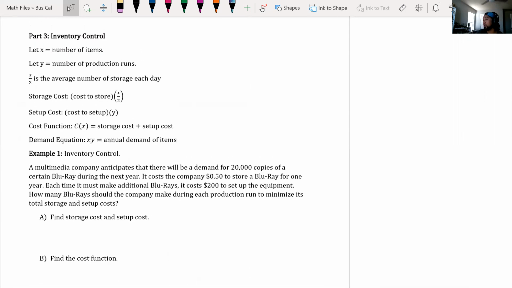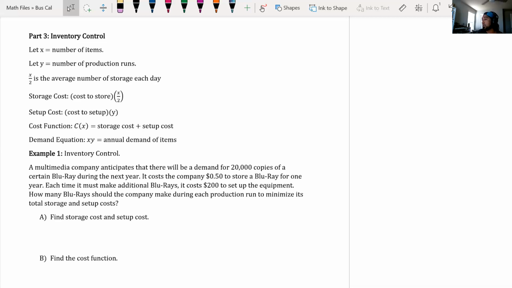Inventory control. All right, so here we want to optimize. So we want to maximize or minimize the cost of creating inventory. So for inventory control, X is the number of items, Y is the number of production runs to create X amount of items, and X over 2 is the average number of storage each day.